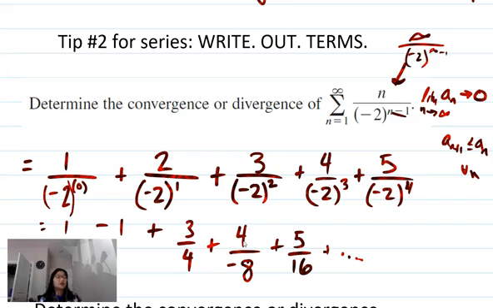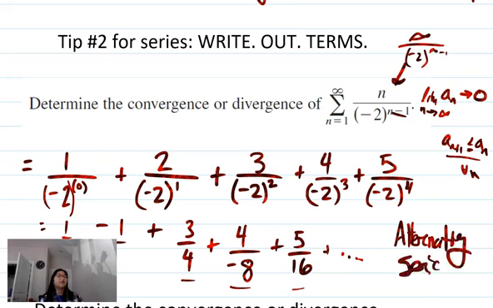Okay. And then, is the other condition true? Well, we have 1 and then 1, but that's okay because we have less than or equal to, and then we're going down. We got 3/4 and then a half, and then 5/16 and so on. Our denominator is growing faster than our numerator. So, by the alternating series test, it converges.